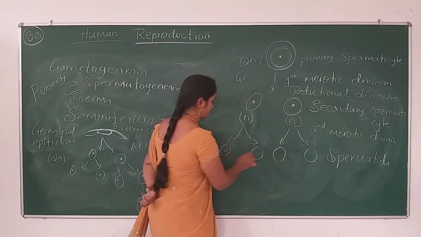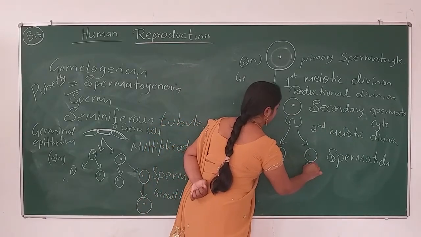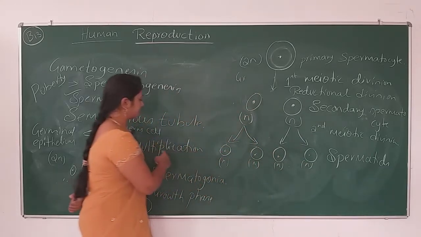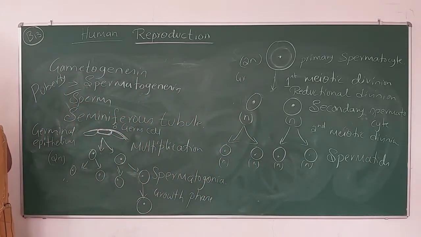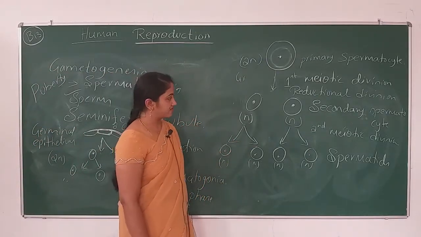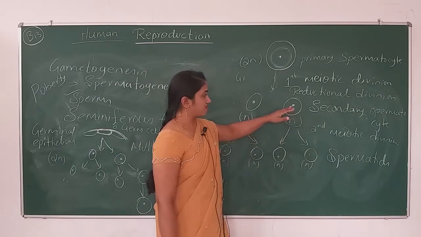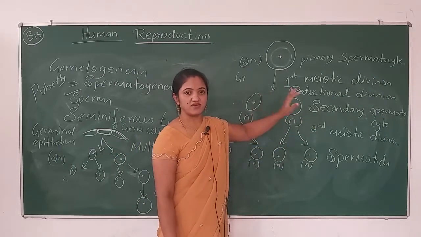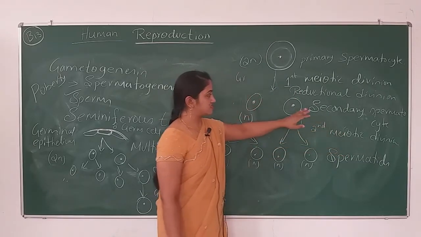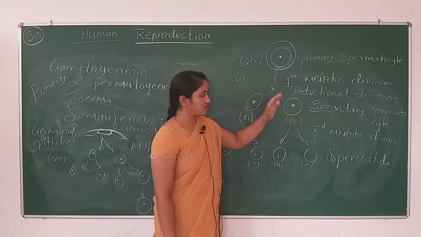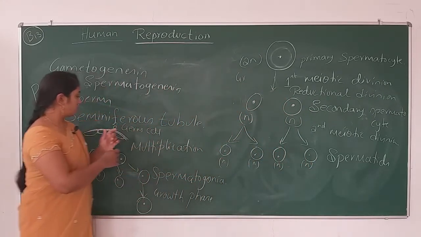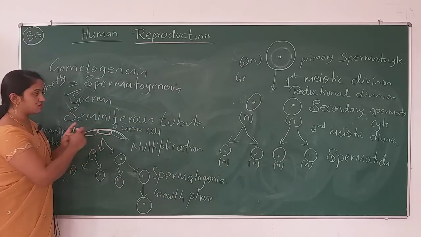The chromosome number will be half of the original cell. So, the spermatids came from the secondary spermatocyte: when the second meiotic division takes place, we get 4 spermatids. We are describing only one germ cell.